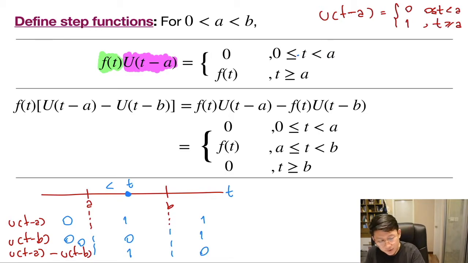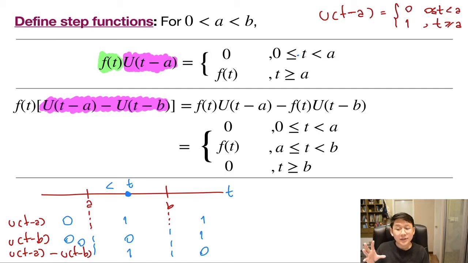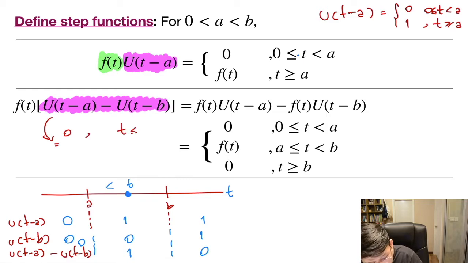So whenever you have u(t-a) minus u(t-b), that is to say that this guy is 0 when t is less than a, and it's 1 when t is bigger than a but less than b, and it's 0 again when t is bigger than b.